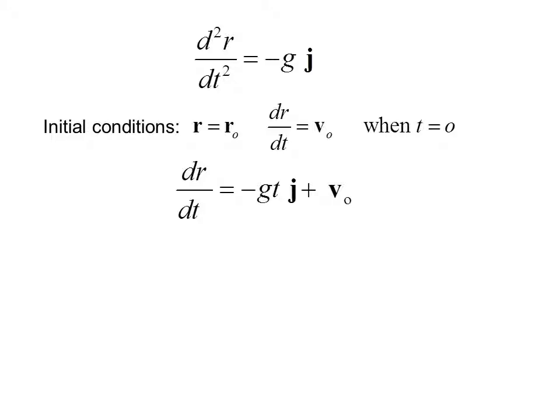Taking the antiderivative, we get dr/dt equals negative gtj plus v sub 0. Taking the antiderivative again, we get r equals negative 1/2 gt squared j plus v sub 0 t plus r sub 0.